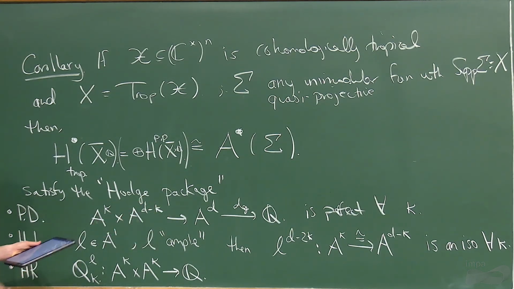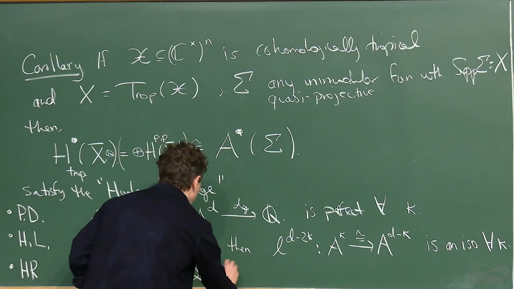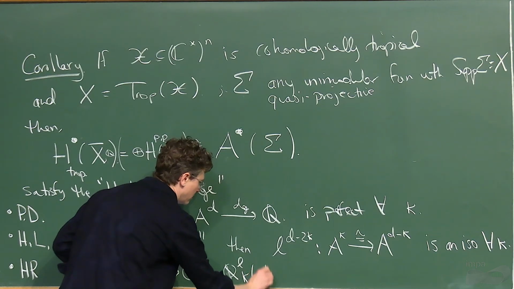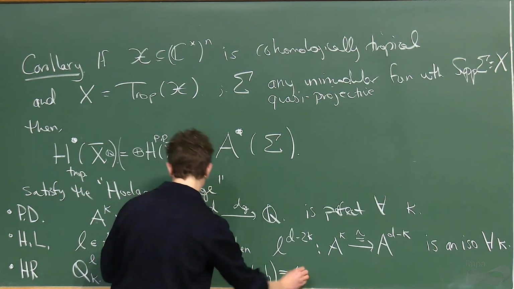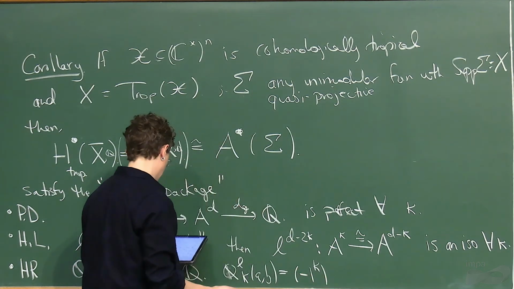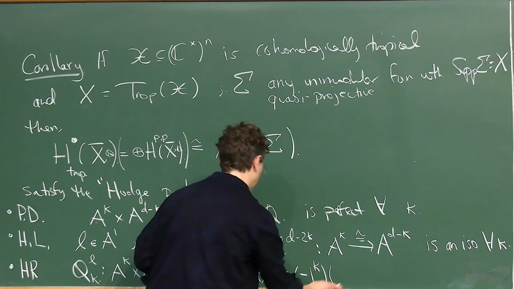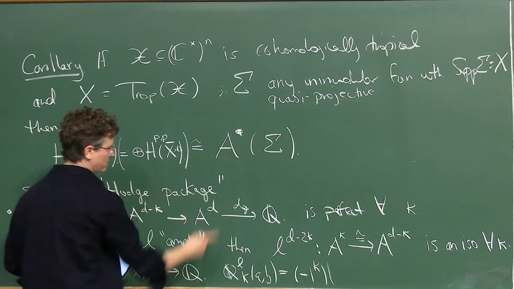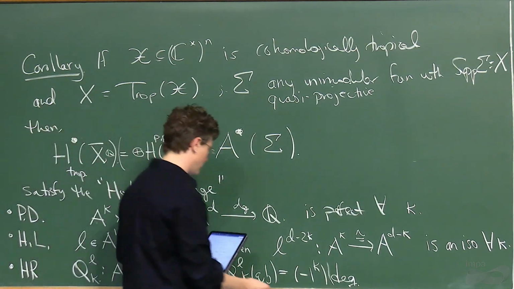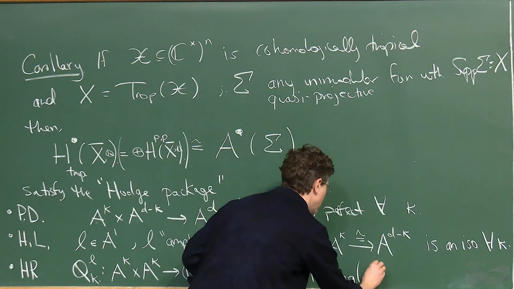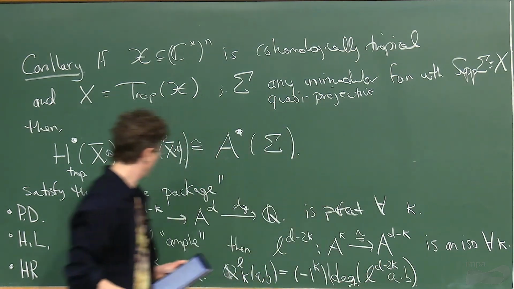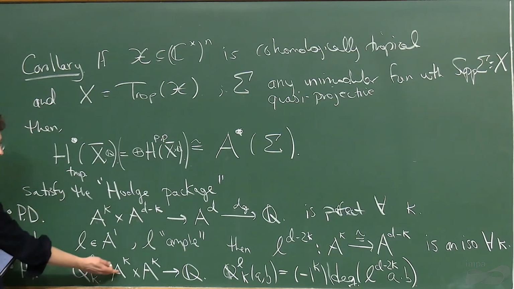We'll do that with a sign, so this is the definition: minus 1 to the k times the degree map, which takes us from A^d back to Q, of L^{d-2k} times A times B. So that's a perfectly good quadratic form on A^k.